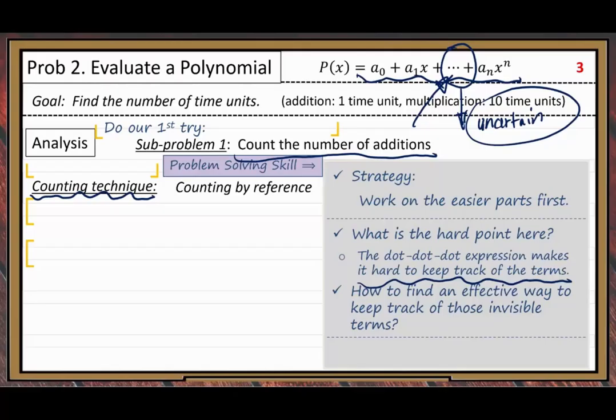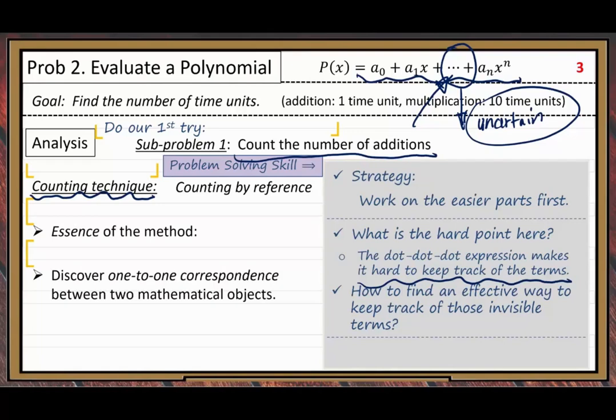When we do the counting, we use certain reference objects to help us. Let me describe the idea of this method. The essence of this method is that we try to discover a one-to-one correspondence between two mathematical objects when we do the counting.